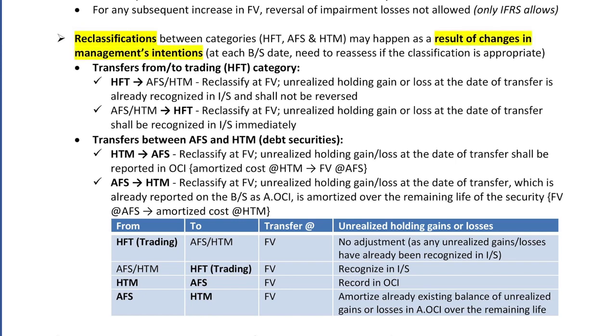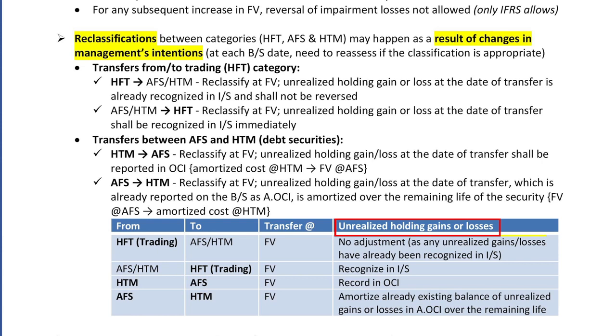So at each balance sheet date, the entity, the investor, needs to reassess if the classification of the debt security is appropriate. Let's look at the table that we have here. And our focus is going to be on, put a box around, the unrealized holding gains or losses when there is a reclassification.